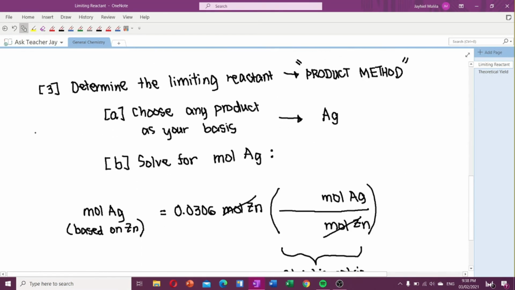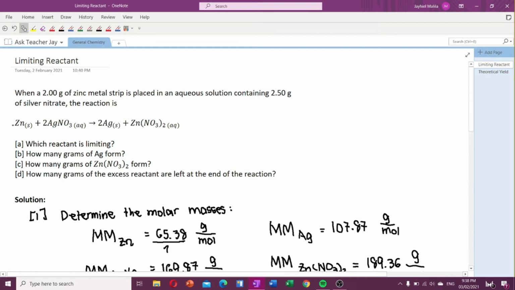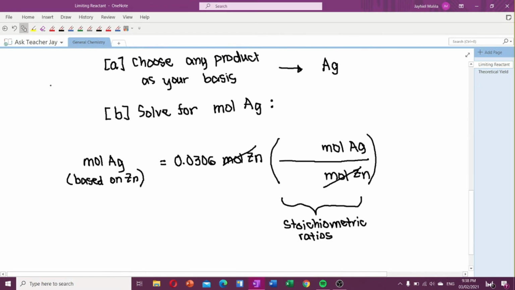So this is the relationship between Ag and zinc. You have to look at the coefficients. It says here that for every 1 mole of zinc, you have 2 moles of Ag. So that's the relationship that we're going to use. 1 zinc, 2 Ag. So we're going to write 2 Ag and 1 zinc. In that way, we can solve for the moles of Ag based on zinc.